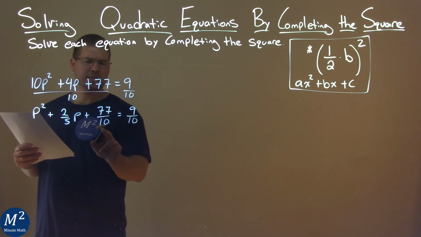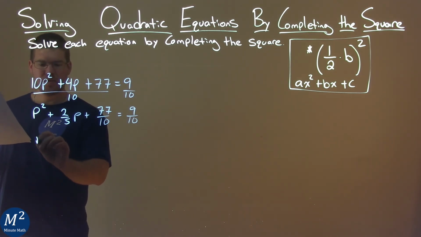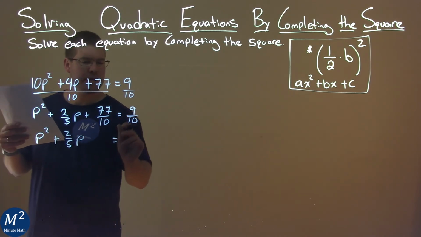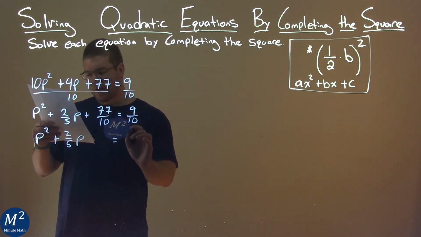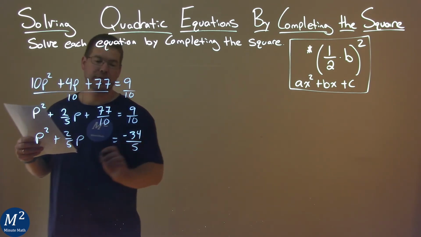Now I'm going to subtract 77 over 10 from both sides, and that simplifies to p squared plus 2/5 p, I'm going to leave a space, and 9/10 minus 77/10 comes out to be a simplified negative 34 over 5.